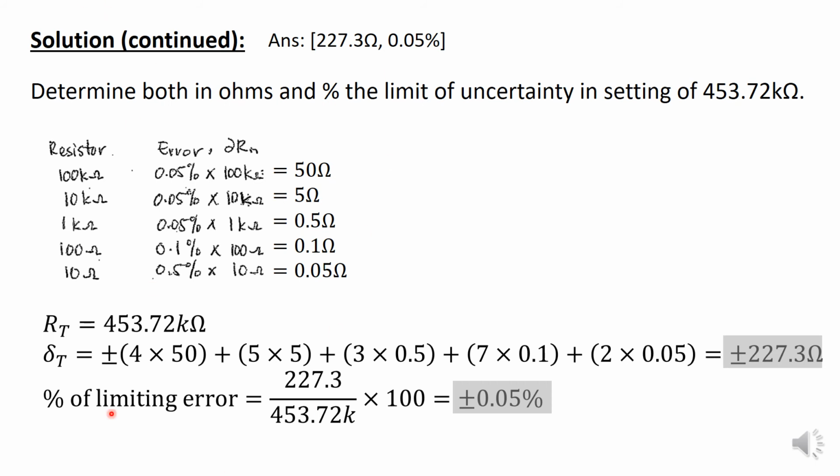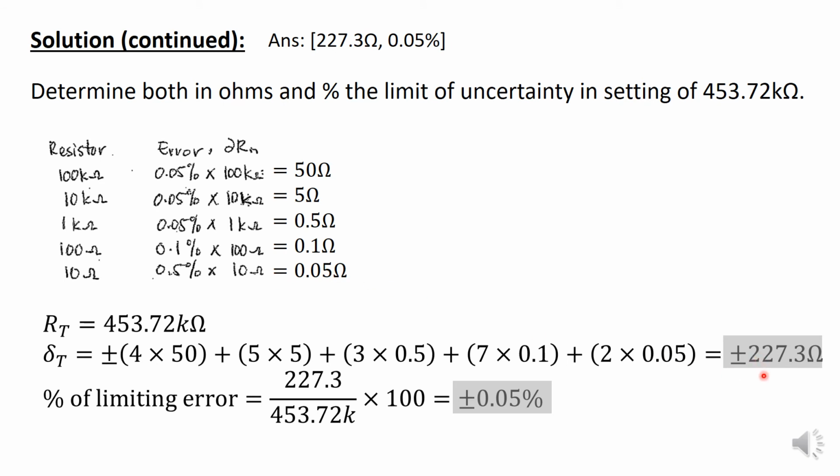After that, we want to find the total limiting error in absolute form. So plus minus in the bracket of 4 times 50, plus 5 times 5, plus 3 multiplied with 0.5, plus 7 multiplied with 0.1, plus 2 multiplied with 0.05.